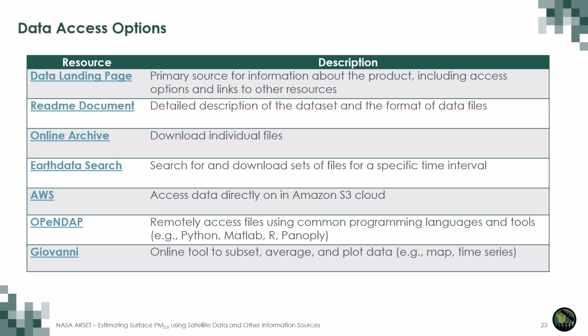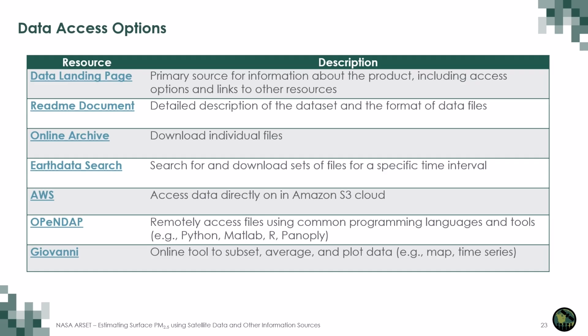This slide summarizes the different ways in which a user can access the PM2.5 datasets. The data landing page is the best starting point, offering an overview of the product along with key links. The README file provides detailed documentation on file structure and variable definitions.